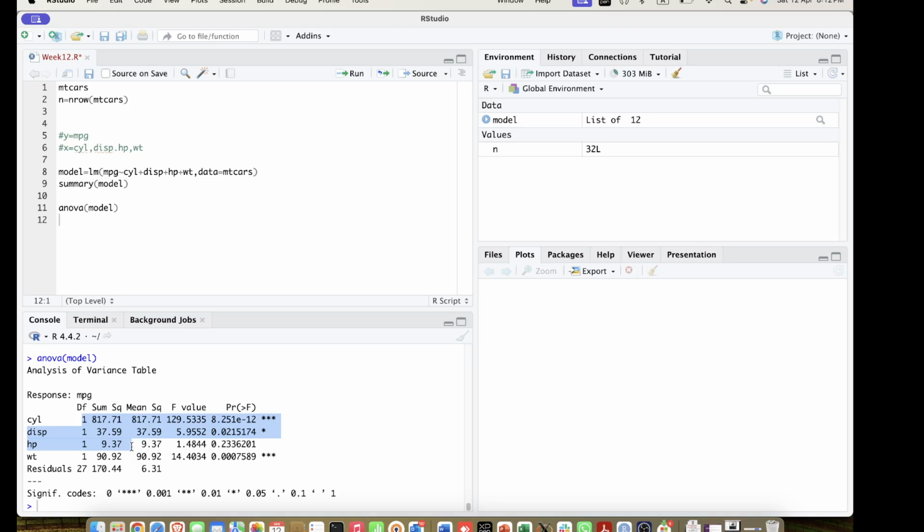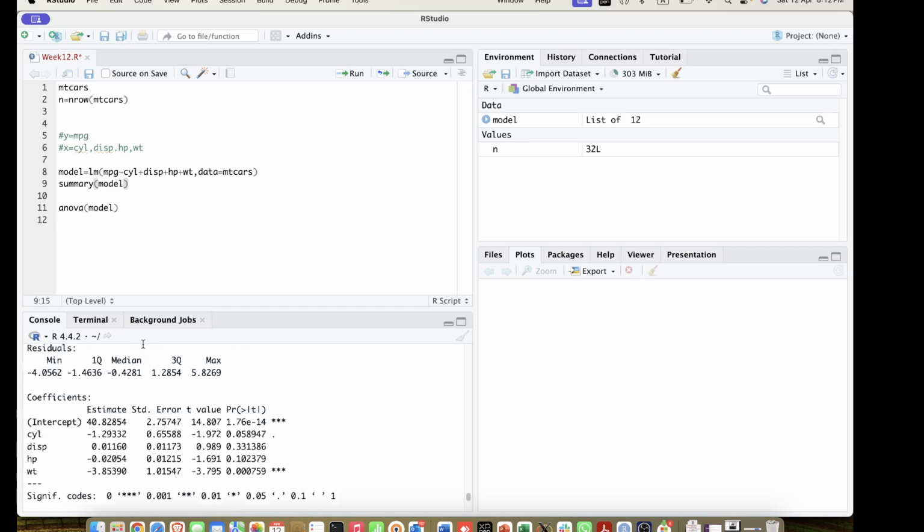Alright, and this is the residuals, and these are the individual tables.